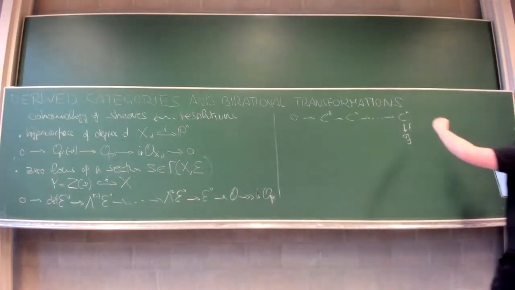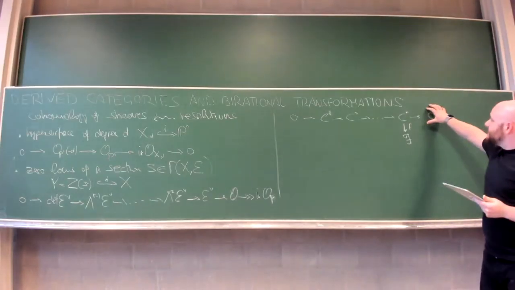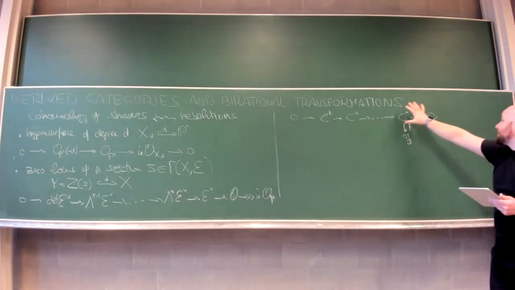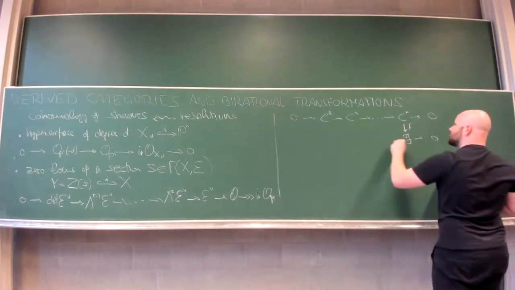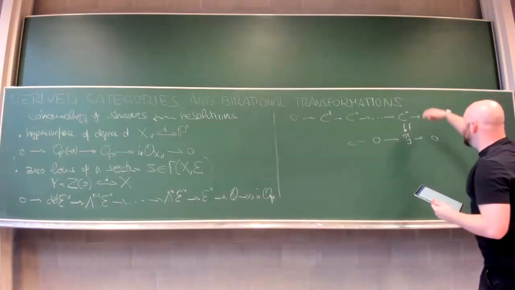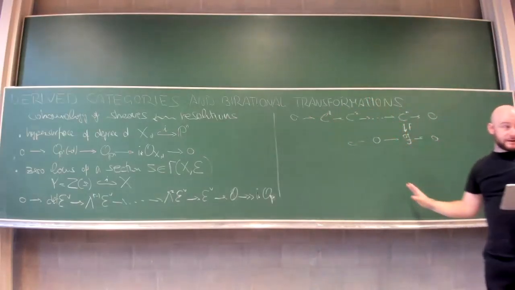I wrote it like this because of the following reason. If I write a 0 here, this stops being exact. It becomes a complex, a general complex which is not exact anymore. It has some homology. And I call F a complex just by putting zeros everywhere else. So this F, together with zero maps everywhere else, defines a map of complexes.